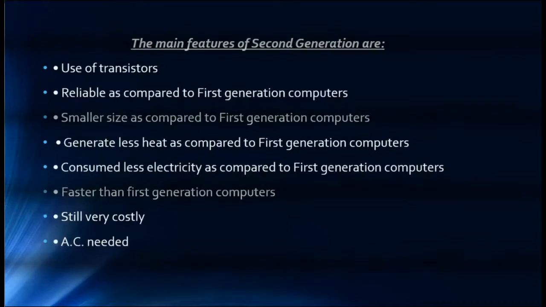The main features of the second generation are use of transistors, reliable as compared to first generation computers, smaller in size, generate less heat, consumed less electricity, faster than first generation computers, still very costly, AC needed, and support for high-level language.